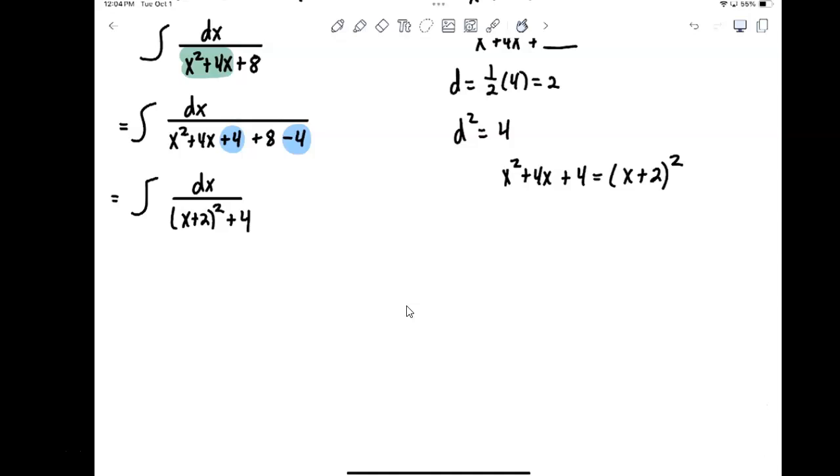So the first thing I need to do so that I can get it to be +1 is factor out a 4. Now later on in this chapter we are going to see another technique that's going to make this situation a lot easier. But for now we have to go with this longer process.